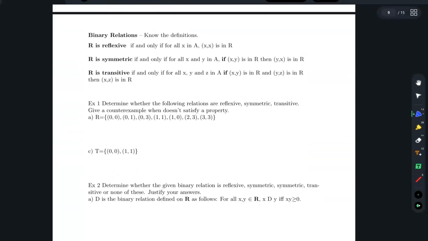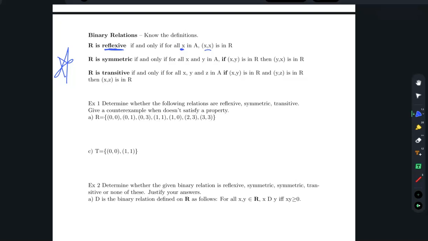Okay, so here, this is pretty important. I want to make sure that you know what these are. These are definitions of properties that a relation can have. We say that the relation is reflexive if for every x in the set, x is related to itself.